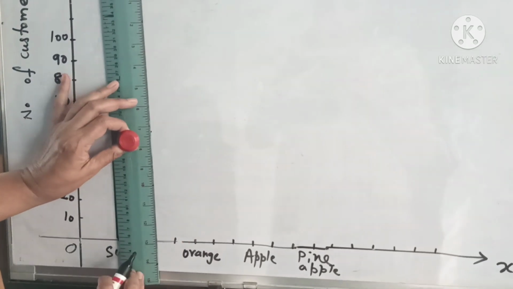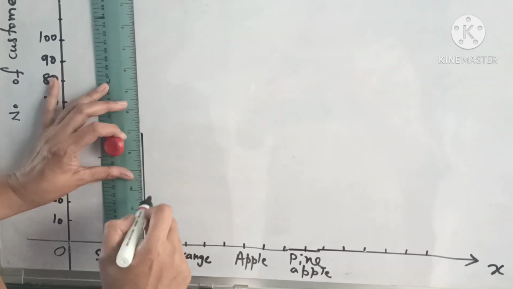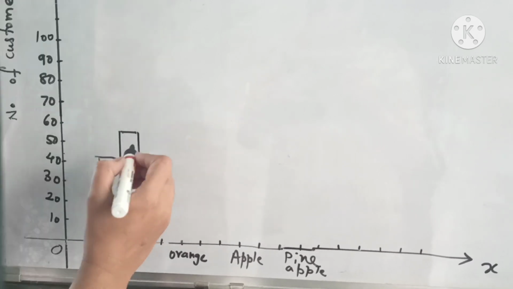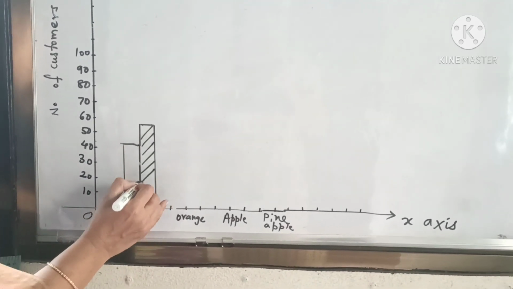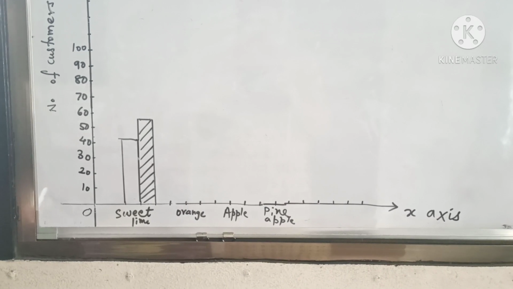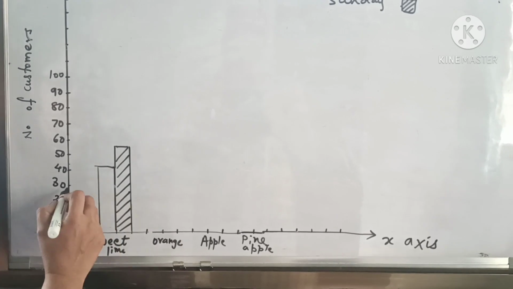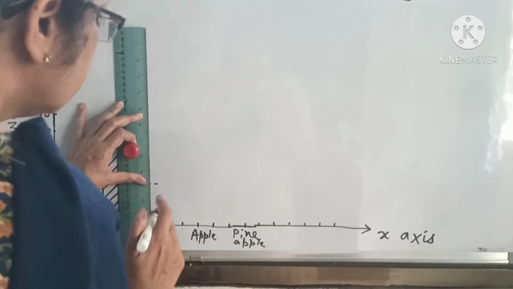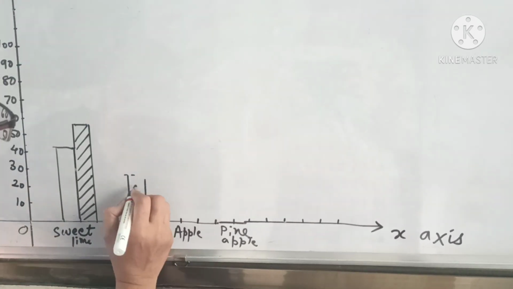So you have to draw the bar. This bar is blank, and the people consuming on Sunday is shown by slanting lines. The next one, orange juice, the number is 30. So here you have 30. So draw the bar in this way. Join this.